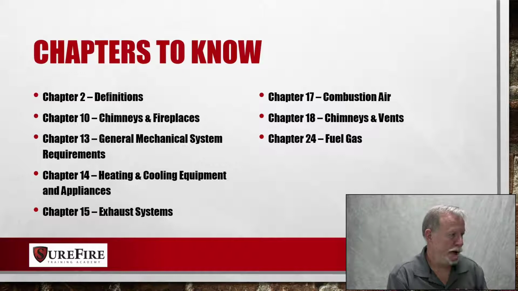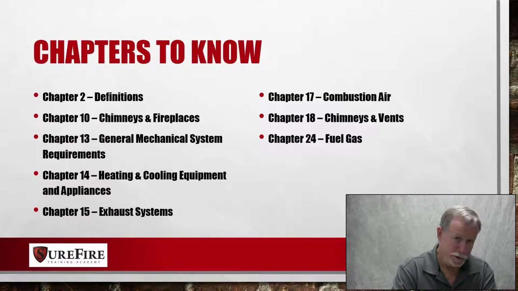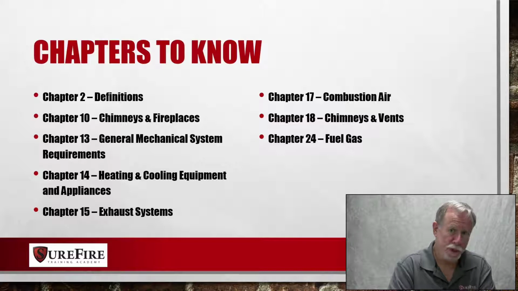And then chapter 13 is general mechanical requirements. Chapter 14 is heating and cooling equipment and appliances. Chapter 15 is exhaust systems, which includes dryer vent requirements if you're doing any dryer vent work. Chapter 17 is the combustion air requirements. Keep in mind, providing proper combustion air for appliances is important.